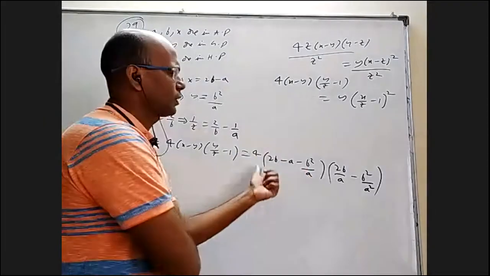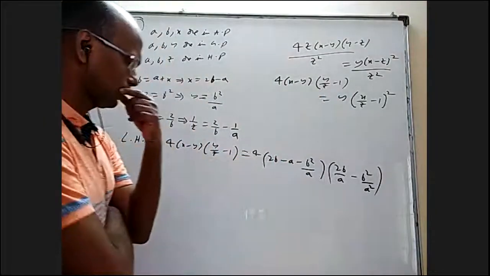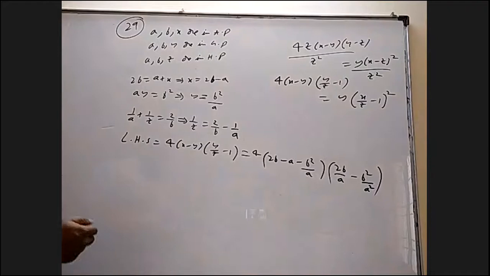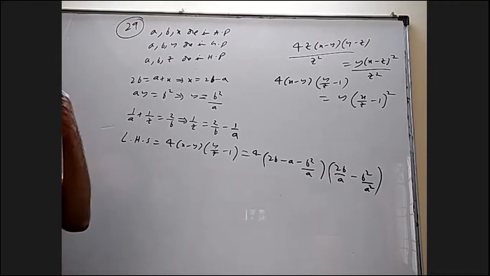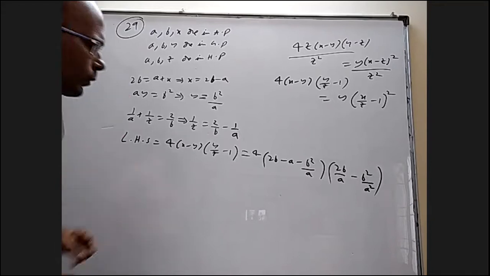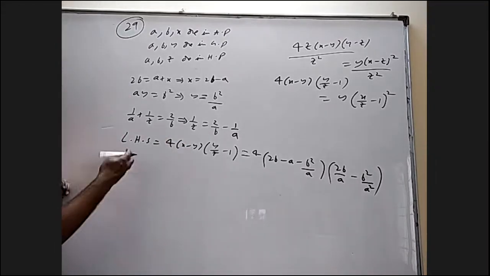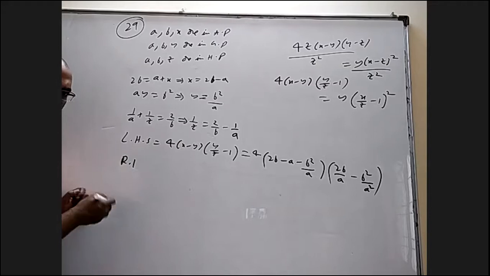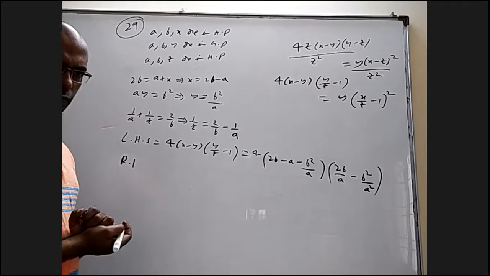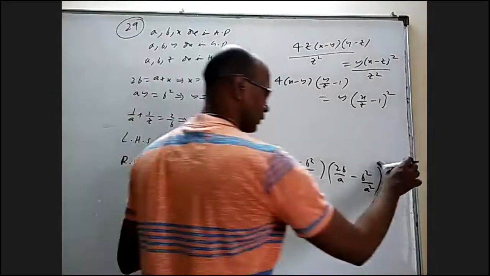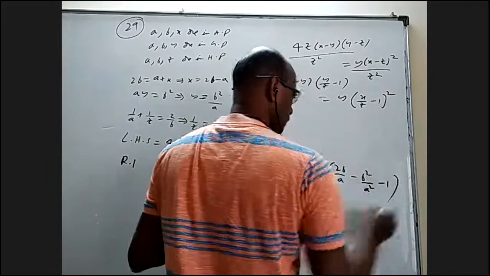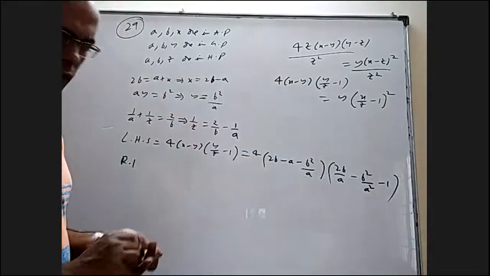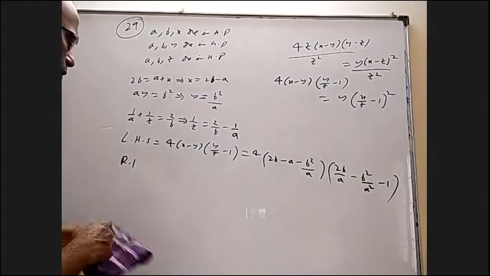If I take b square by a common, will it become some perfect square? I can just expand, but let us just try. Minus 1. What is minus 1? I forgot minus 1, you're saying. Okay, thank you. Then these two, unless we take 1 by a common, they're more or less same.